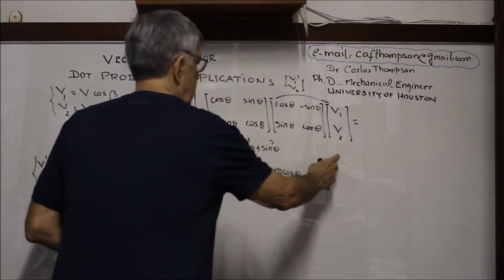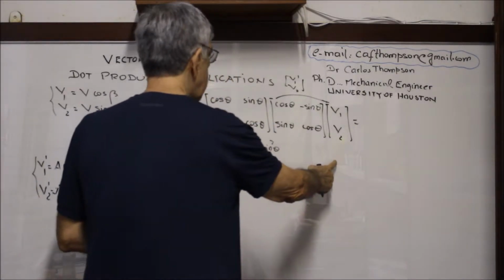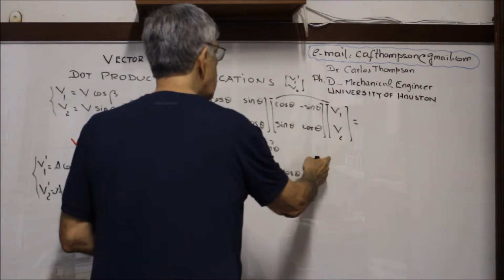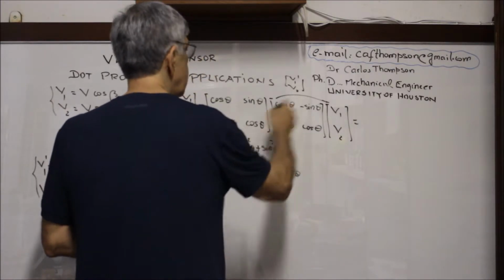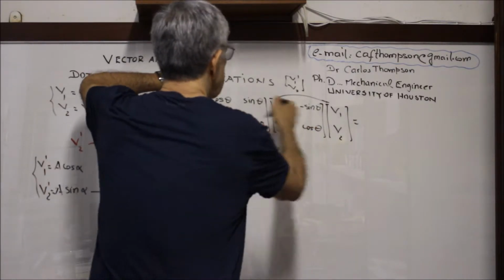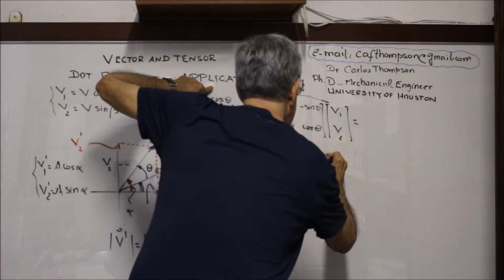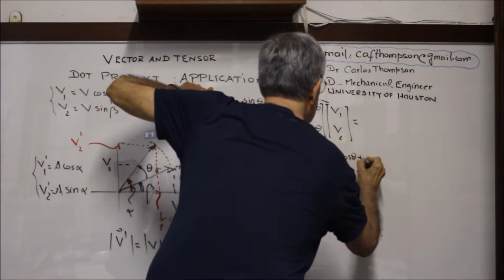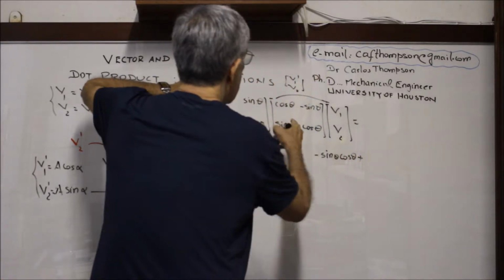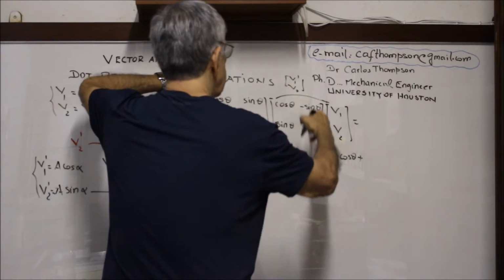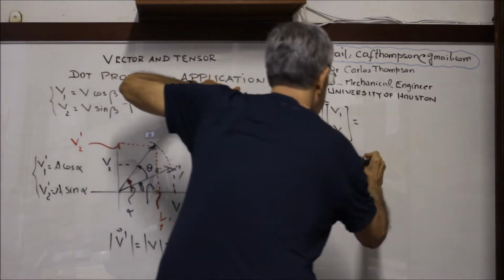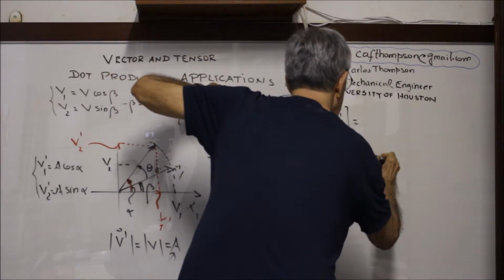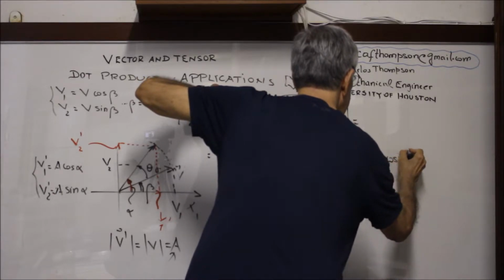Now, here, it will be first row and second column. So this will be minus sine of theta cosine of theta plus now this times this plus sine theta cosine of theta.